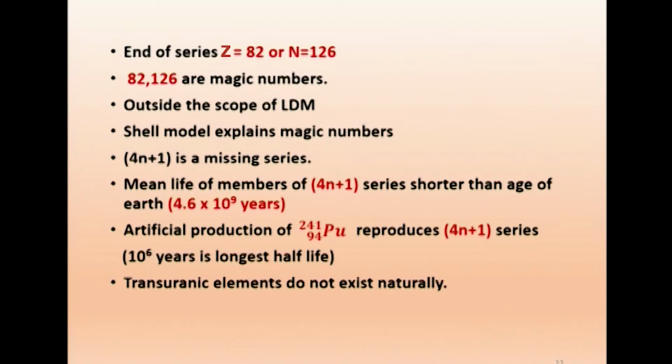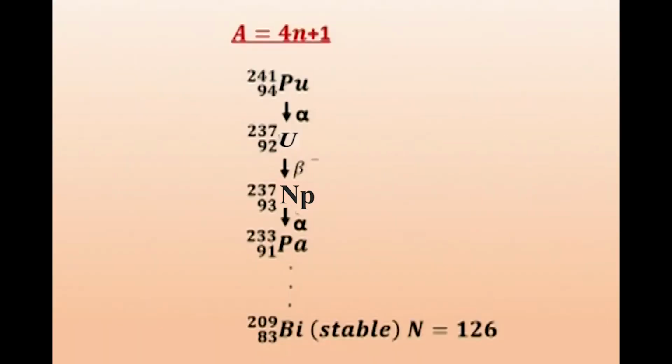Therefore, we are only predicting it, and we want to find out why we do not get 4n plus 1. The mean life of the members in the 4n plus 1 series, plutonium, uranium 237, neptunium, all these elements have lifetimes shorter than the age of the earth.